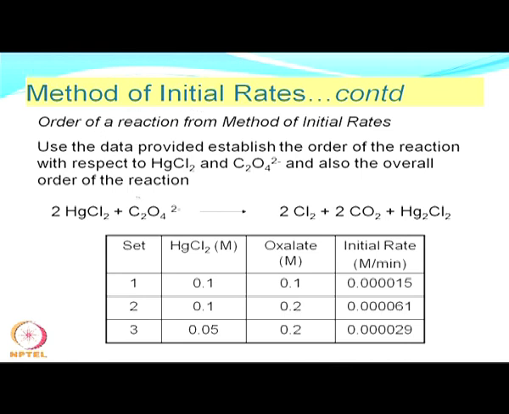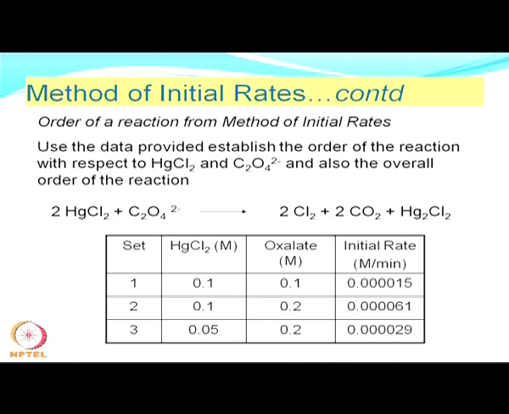Okay. So, we are using say this reaction, mercuric chloride and oxalate producing chlorine gas, carbon dioxide and mercurous chloride. We are using 3 sets for this particular example. Set 1: mercuric chloride is 0.1 molar, oxalate is 0.1 molar.